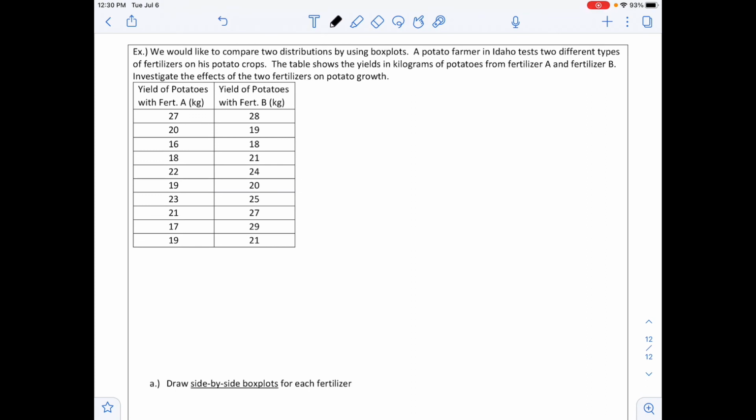So since we have two sets of data, for fertilizer A and fertilizer B, we need to calculate our 5-number summary for each individually. So we're going to calculate our 5-number summary for both, and then from there we can take those values and find our fences and determine if we have any outliers.